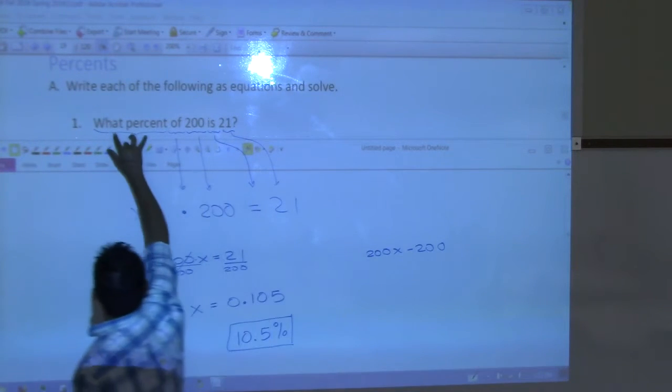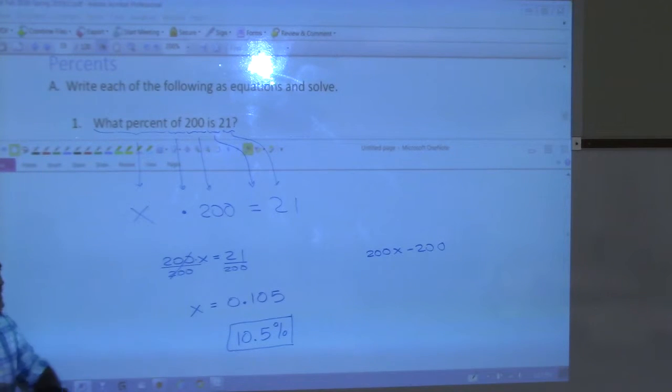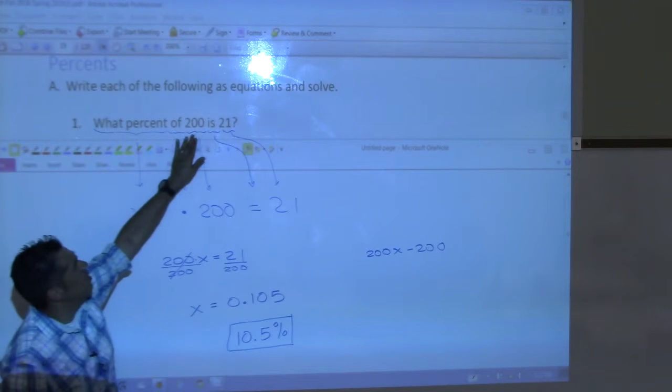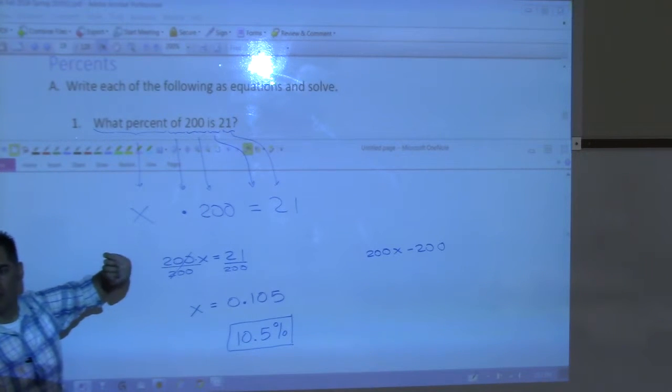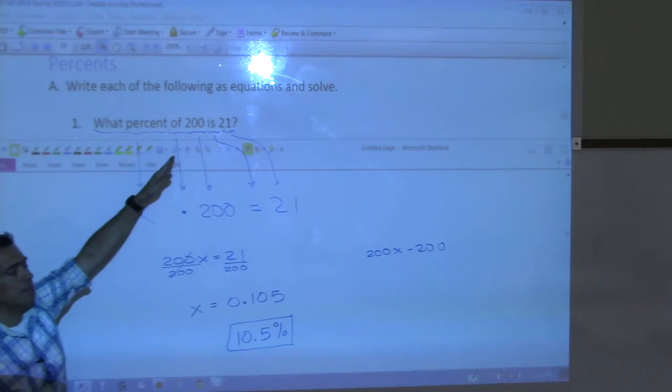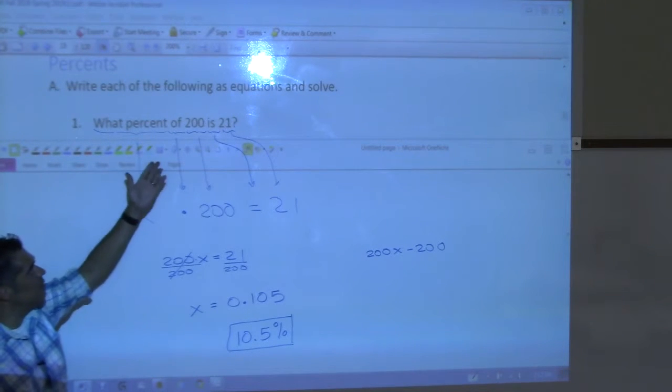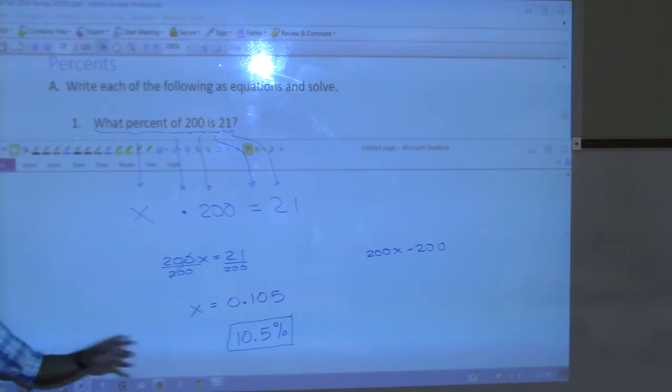We replace this what percent with 10.5. So would you agree that about 10.5% of 200 is 21? Because what would 10% of 200 be? 20, right? So 10.5% would be a little bit bigger. So this answer makes sense, all right?